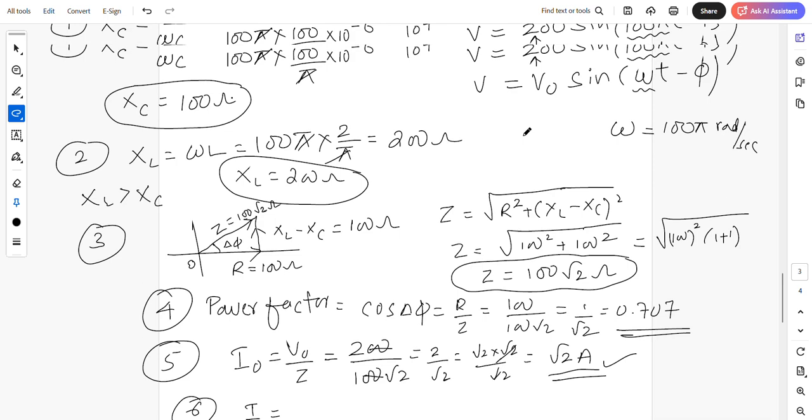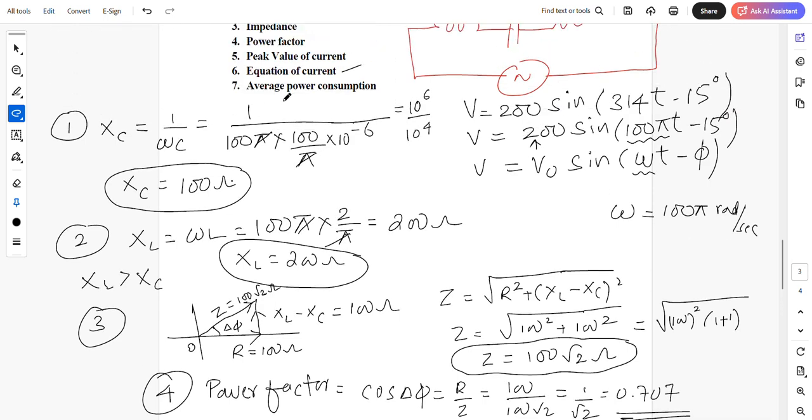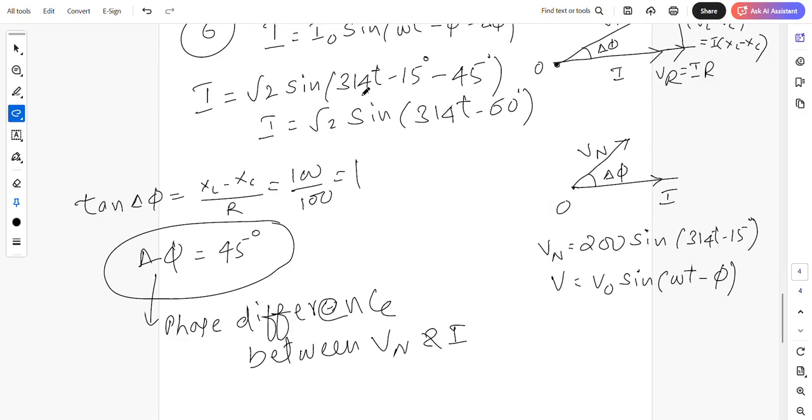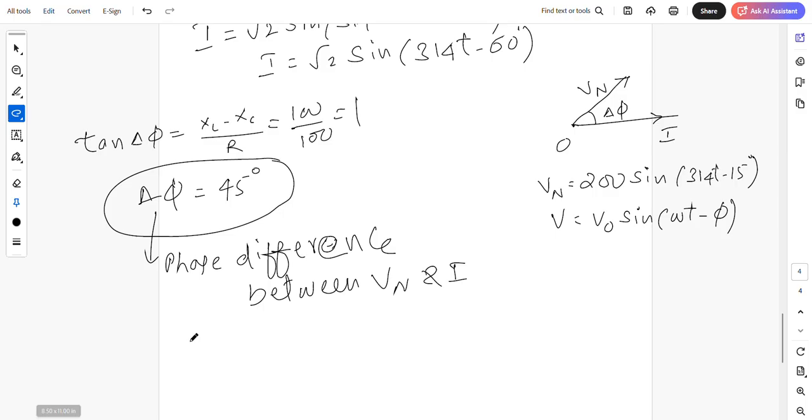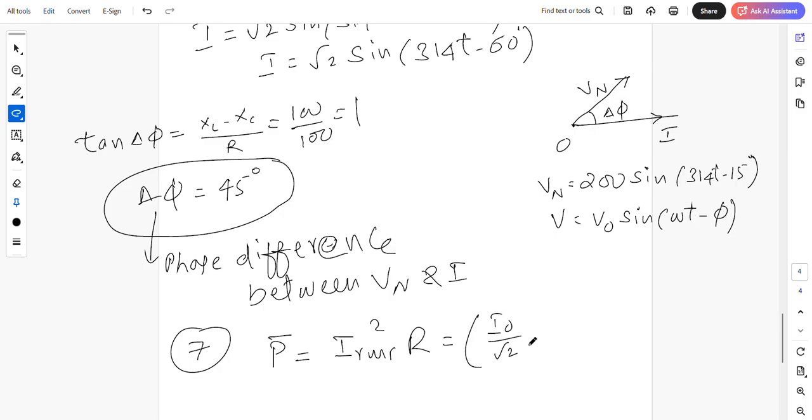Now, what is the next thing we are supposed to calculate? Average power consumption. Okay, this is very easy. What is the formula for calculation of average power consumption? It is IRMS the whole square into R. How to calculate IRMS? I naught by root 2, the whole square into R. How much is I naught here?